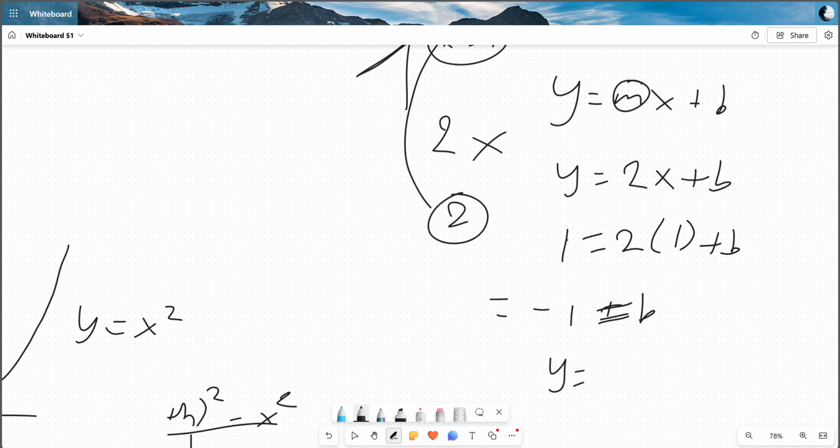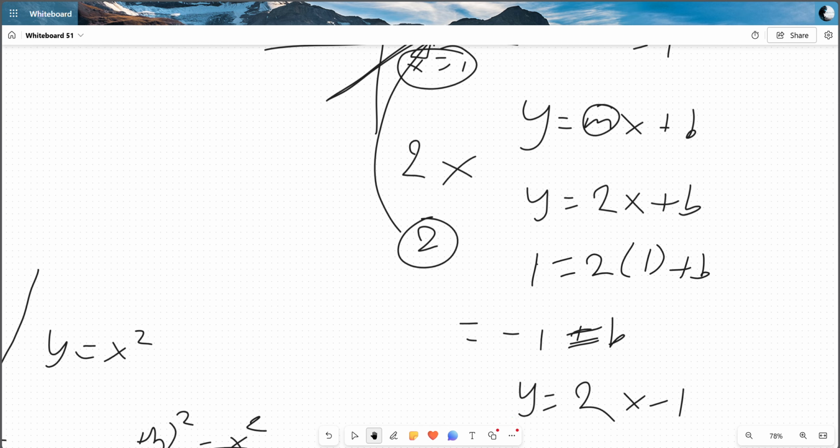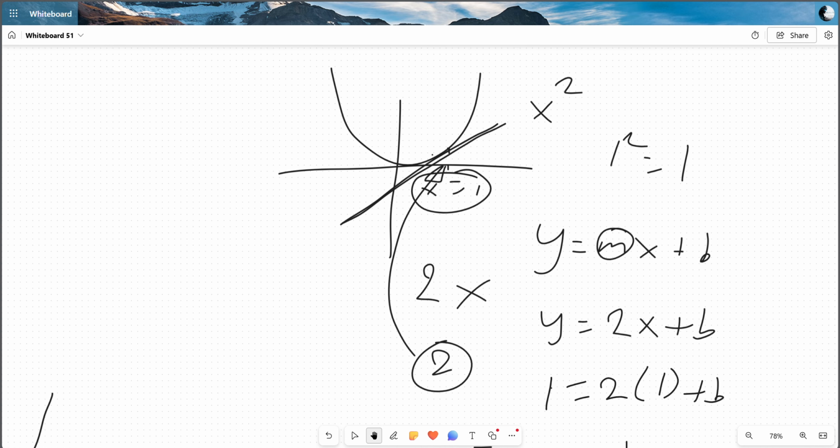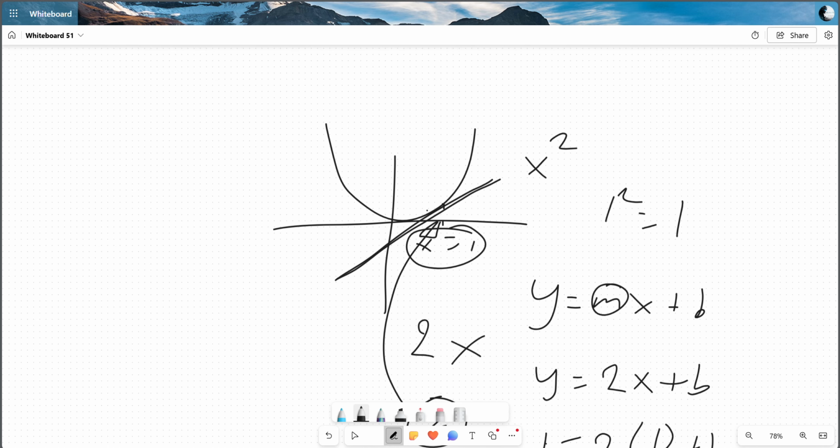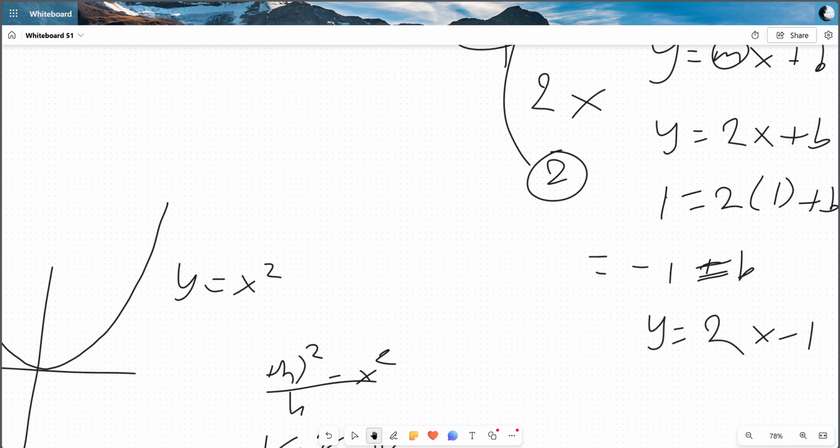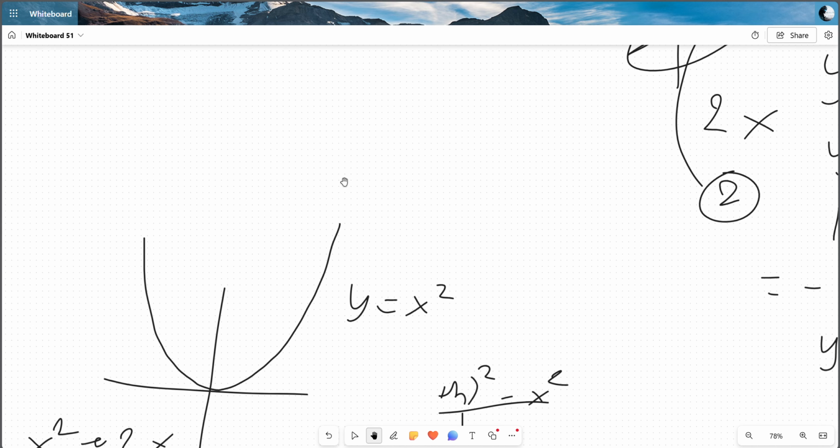So we have y equals 2x minus 1, just like that. All right? And that's basically the function of this line right over here. Okay, so that's basically all I have for you.